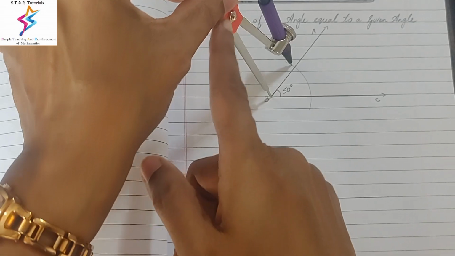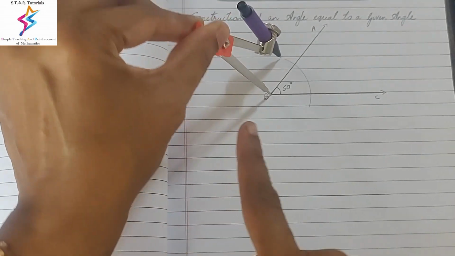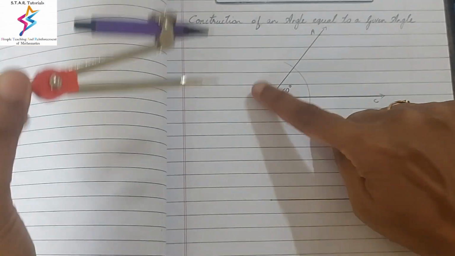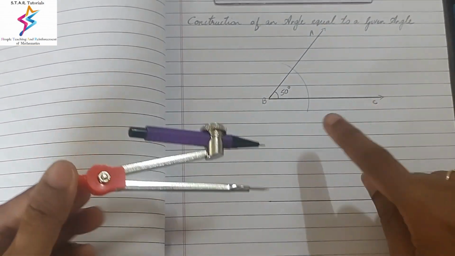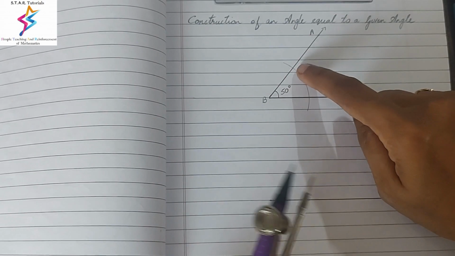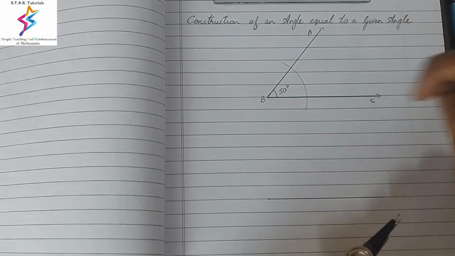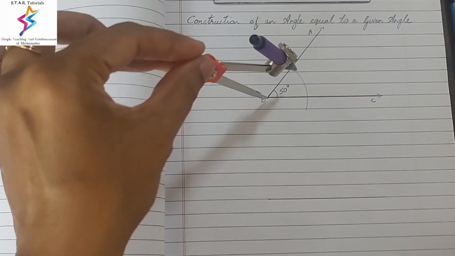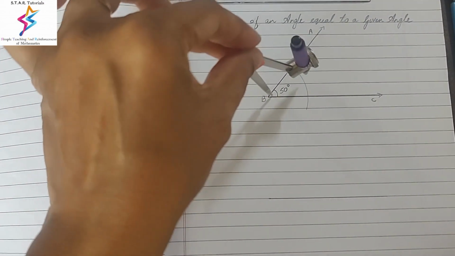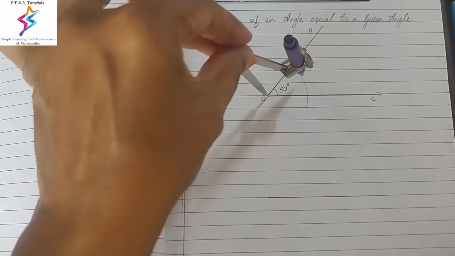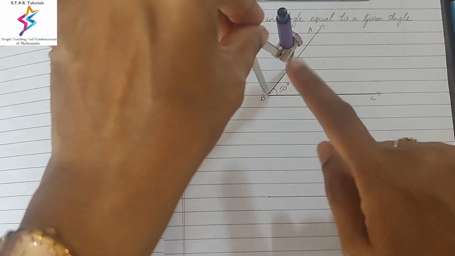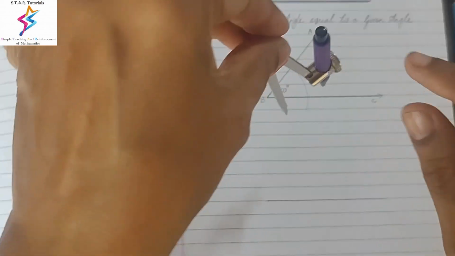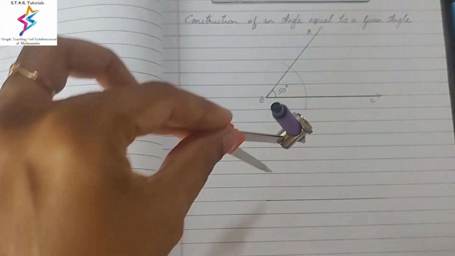Notice I'm holding my compass over here. Okay, now I have drawn an arc cutting both these arms, arm BA and arm BC. I get 2 points of intersection, one over here, the other over here. Now, what do I do? Once I have drawn this arc with the help of my compass, I have to lift my compass without changing any measurement.